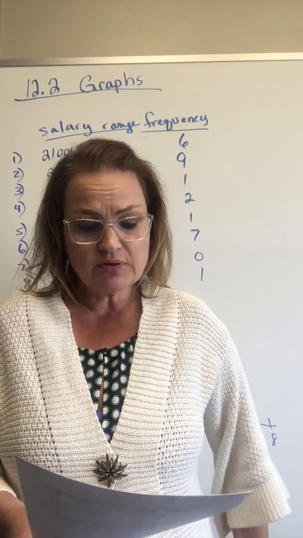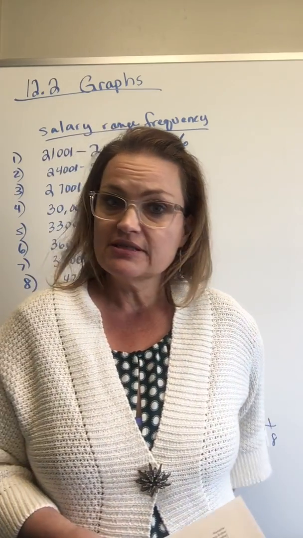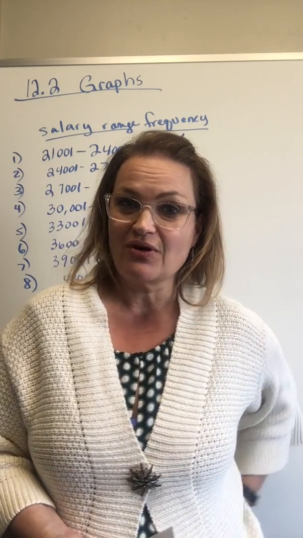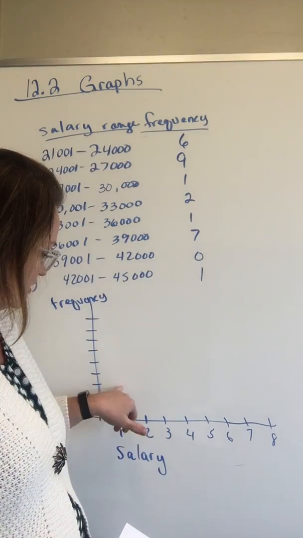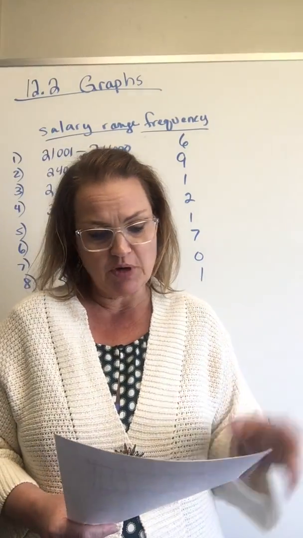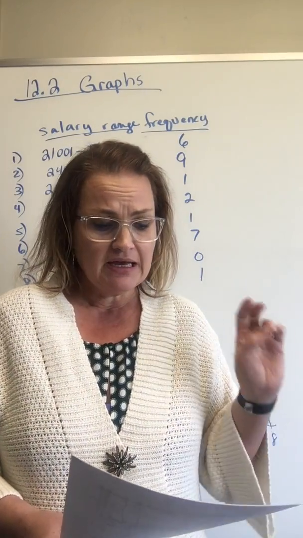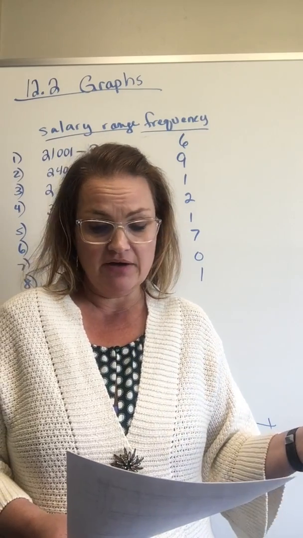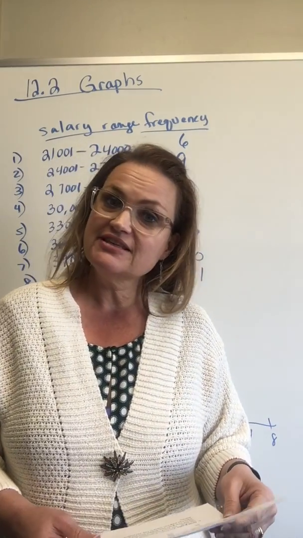Number 2, the frequency polygon is very similar to what I just said, except we just put dots, more like we used to do with graphing. Instead of drawing a bar, we just put a dot above where they match up. So we'll do both. Number 3, a stem and leaf display organizes the data similar to the above, but we can actually see the values.